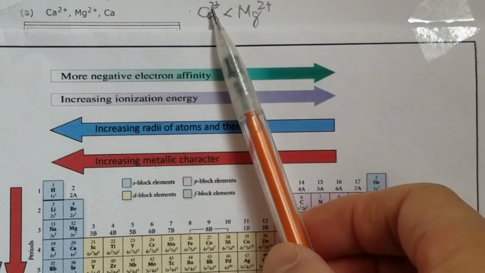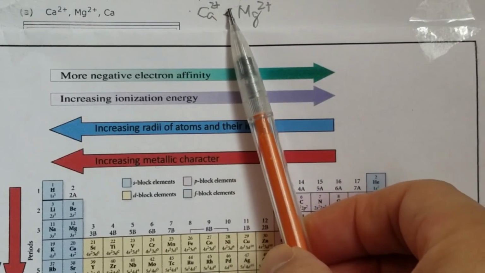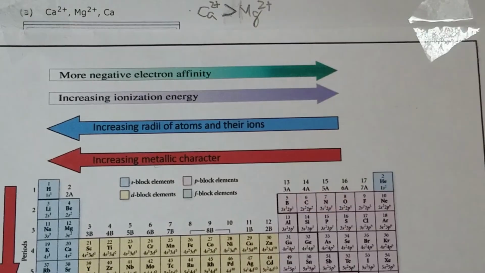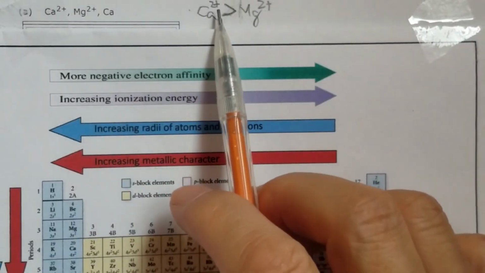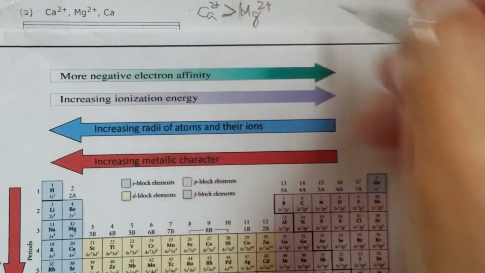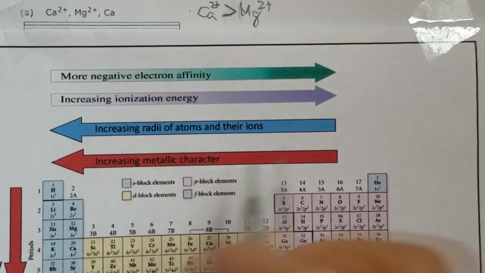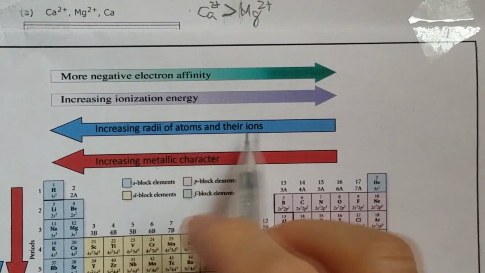I write down then calcium 2 plus is, oh, this is wrong. That should be larger than that. Here we go now. Calcium 2 plus should be larger than magnesium 2 plus. Because this arrow diagram is not only for the atom, but also for their corresponding ions.